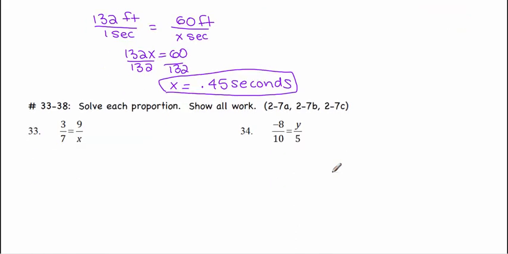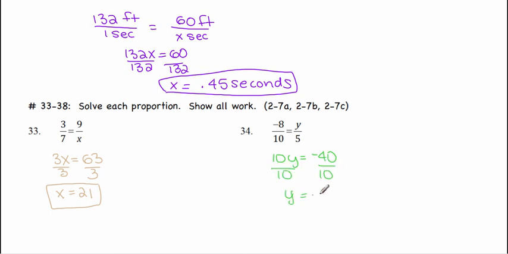Example number 33 through 38, all I'm going to do is solve each proportion. So in 33, I'm going to cross multiply, giving me 3x equals 63. Solve this by dividing both sides by 3. X is 21. Example number 34, cross multiply. I have 10y equals negative 40. Divide both sides by 10 to solve for y.